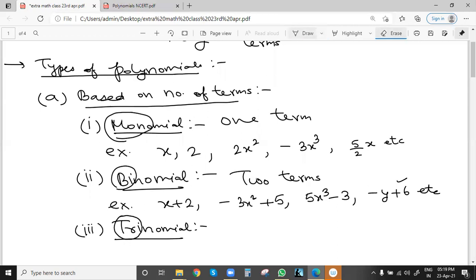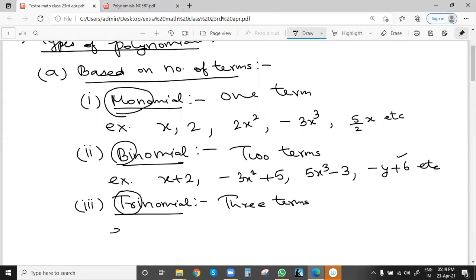A polynomial having three terms is called a trinomial. Examples: x square minus 3x plus 5, or x cube minus 5x plus 6, any three terms.